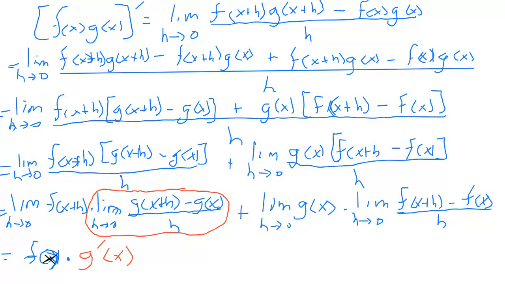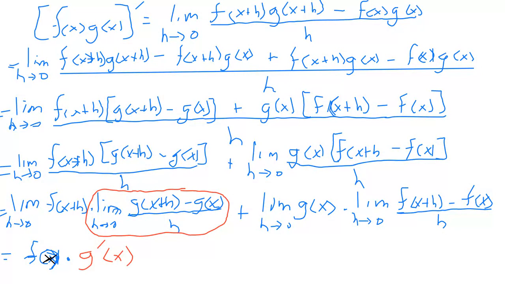Pardon my bad writing. But it's the same definition I gave you before for limit, I mean for derivative. Okay. See it now? You can't do that yet because you didn't get 0 over 0.